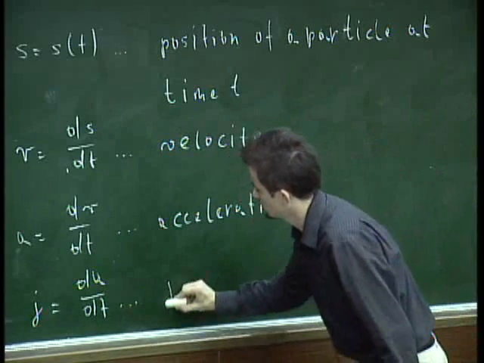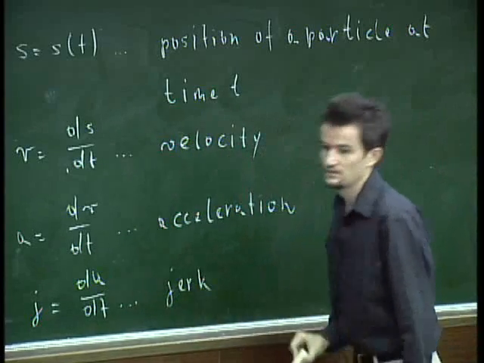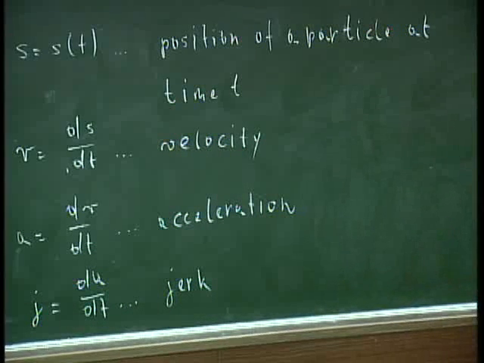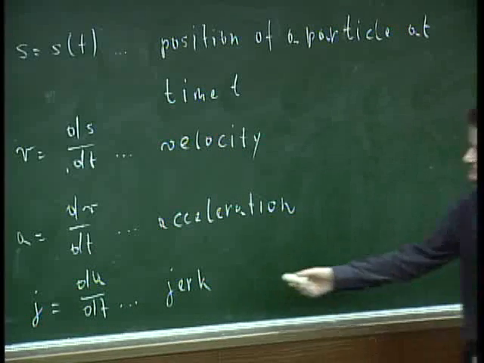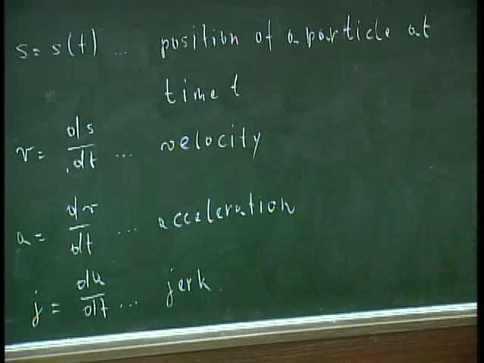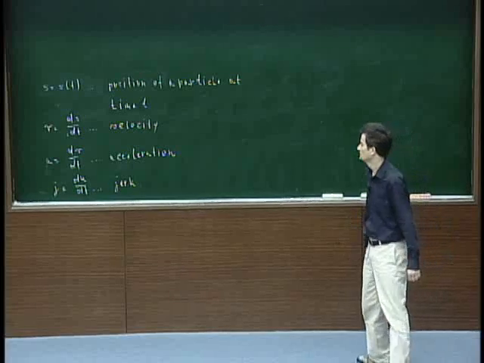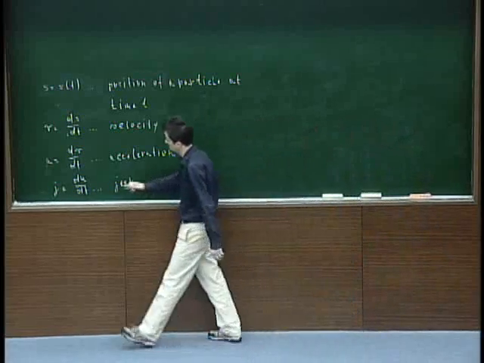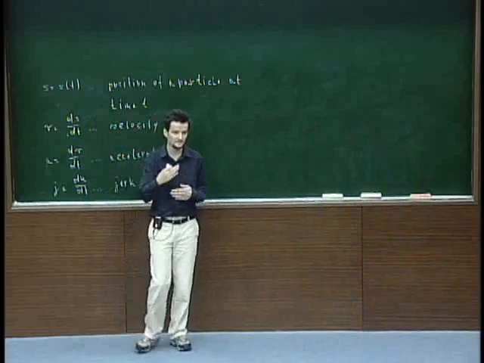Okay, and this is called the jerk. The meaning of jerk is if you have a fast change in the acceleration. You will feel this if you are sitting in a car, because it will cause an abrupt movement.